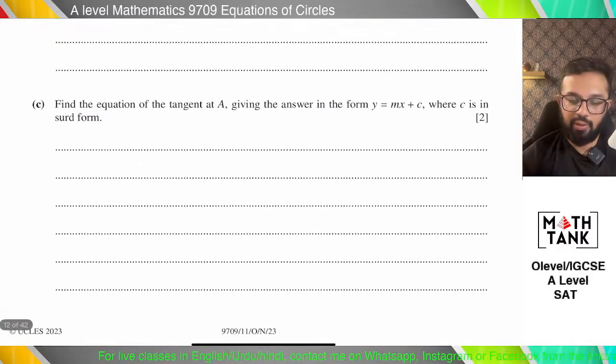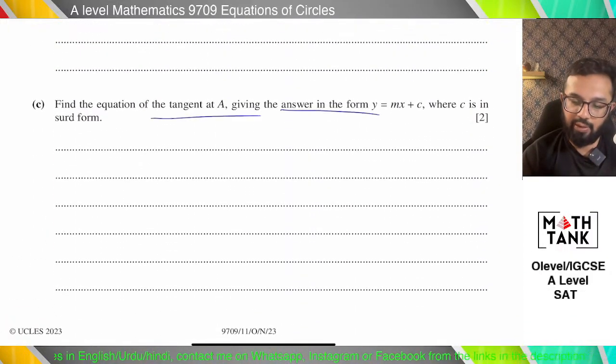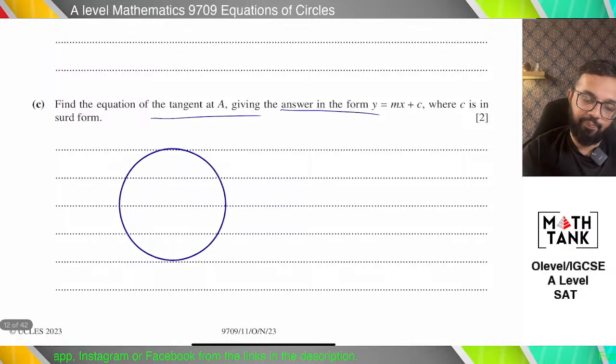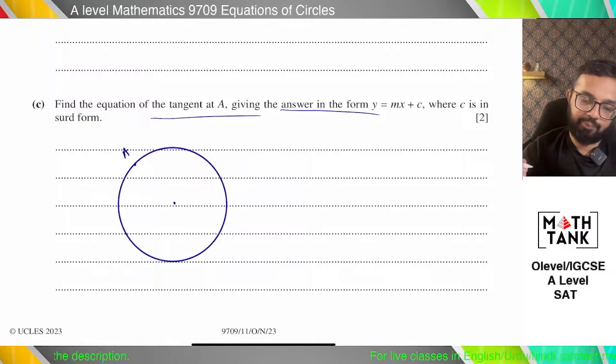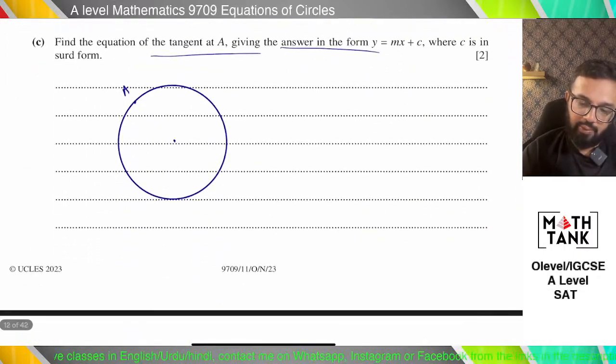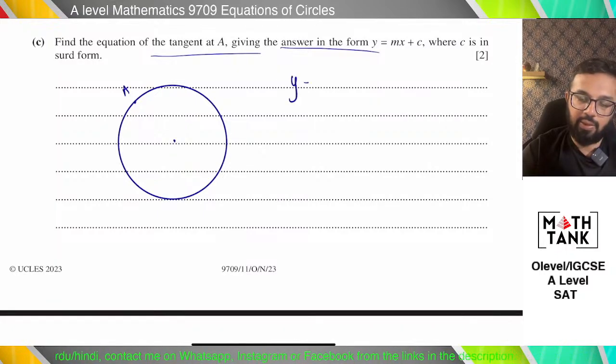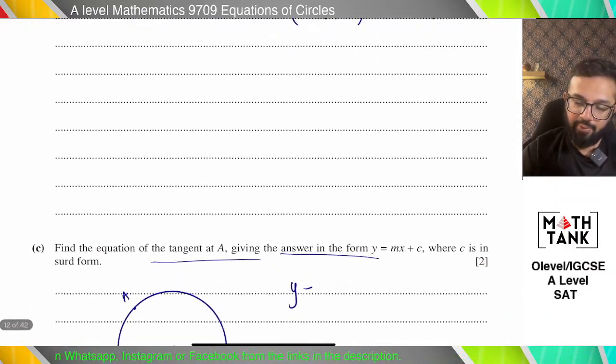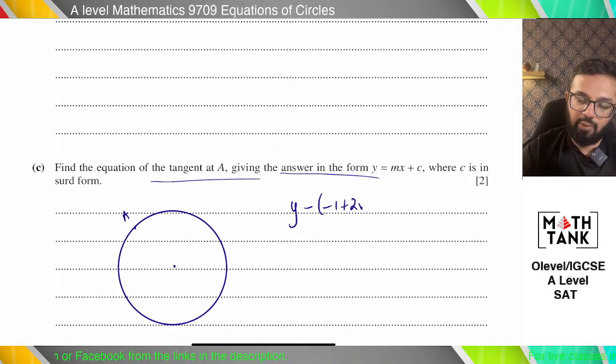Okay, then it says find the equation of the tangent at A, giving your answer in the form y equals mx plus c, where c is in surd form. Okay, so the gradient of that line was what? That gradient of that line is 1. I'm just going to use the coordinates and say y minus y1 equals m times x minus x1.